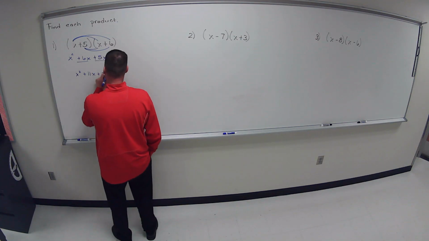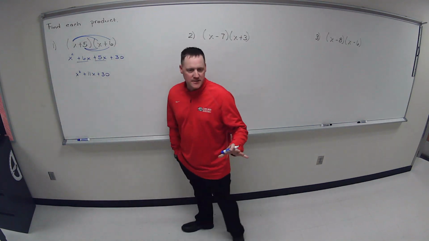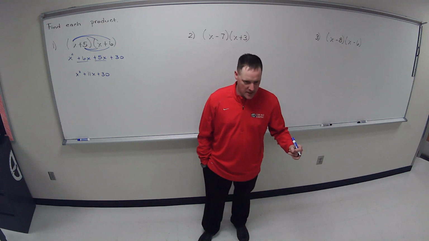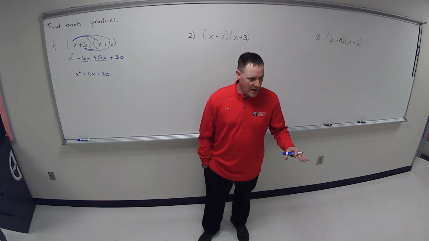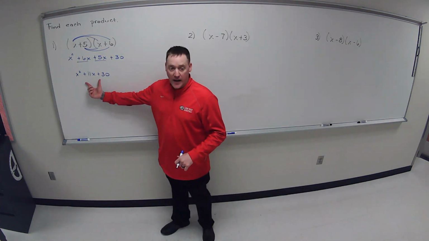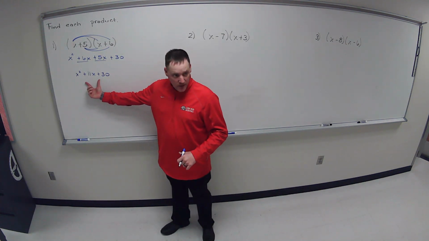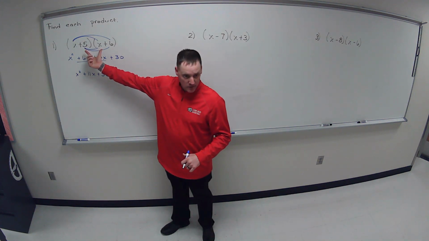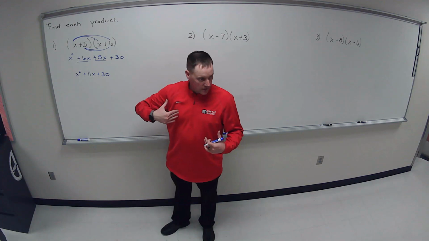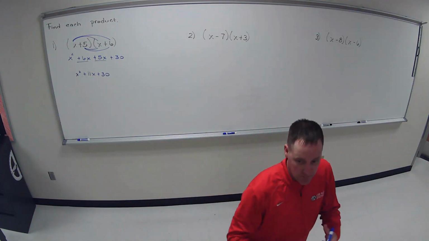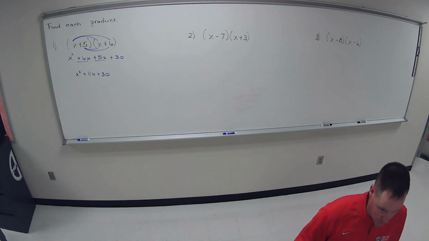Now, here's what I'm going to tell you, just so you can get into this train of thought today. What we're doing today when we factor is you're going to be given an answer to the problem, and you're going to need to figure out what it started with as a multiplication problem. You're going backwards. We've spent several days multiplying to find that trinomial answer.